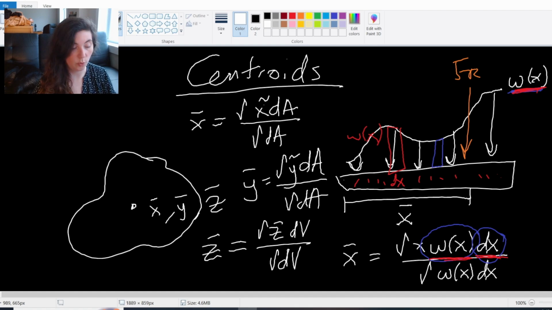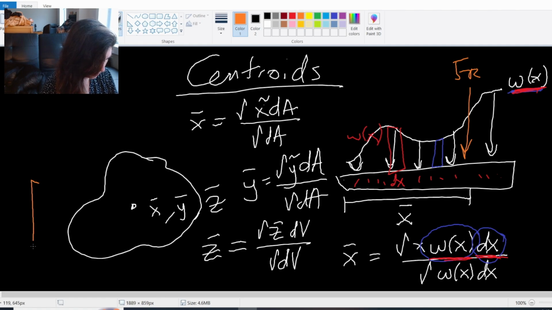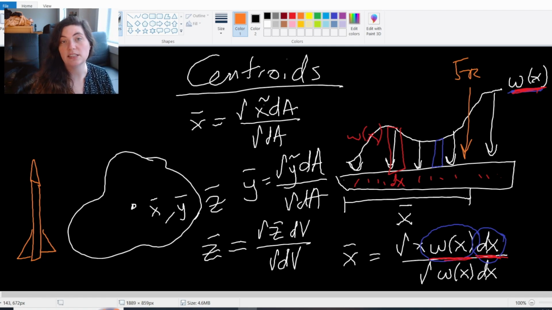We need to know where the center of gravity for things is, especially if you're doing something like, say, a rocket maybe. Say I've got a little rocket here where I need the center of gravity to be at a specific point so that my rocket stays stable, right? I can't have it too high or too low. I need to know where my center of gravity is. And so these calculations are what's going to be used for that.